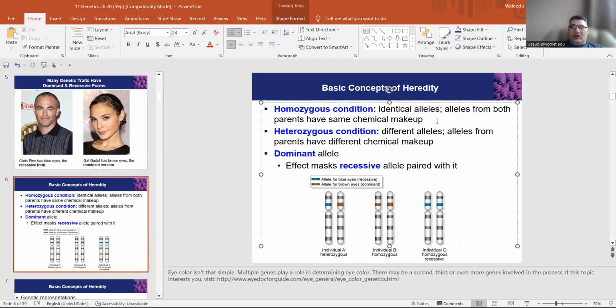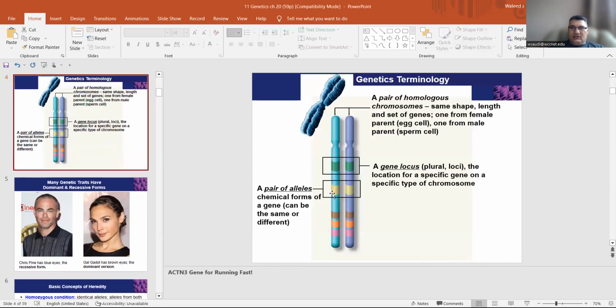If that's the case, we call it homozygous. Example, just to make more sense. This is for blue, this is for blue, homozygous. This is for black, this is for black, homozygous. Brown, brown, green, green. If both alleles code for the same thing, this is called homozygous.